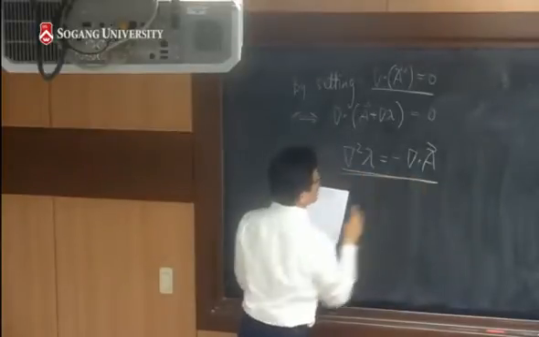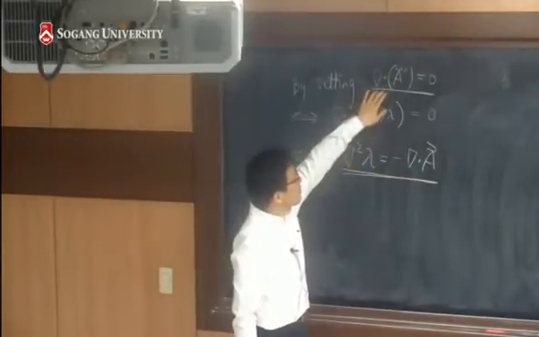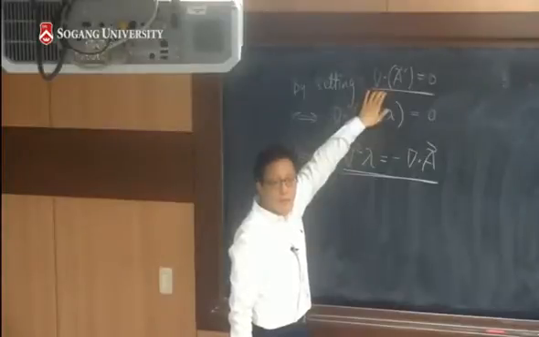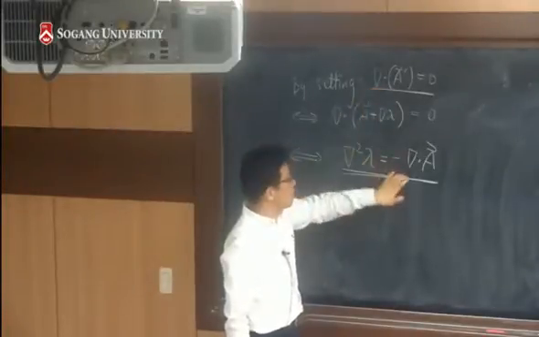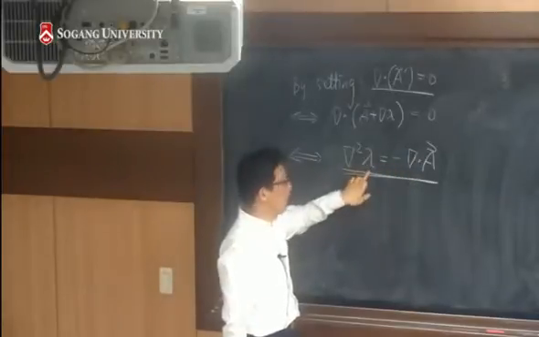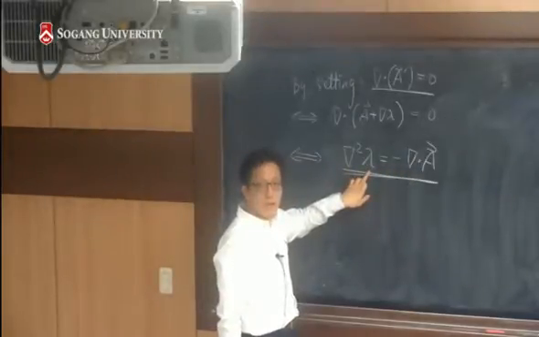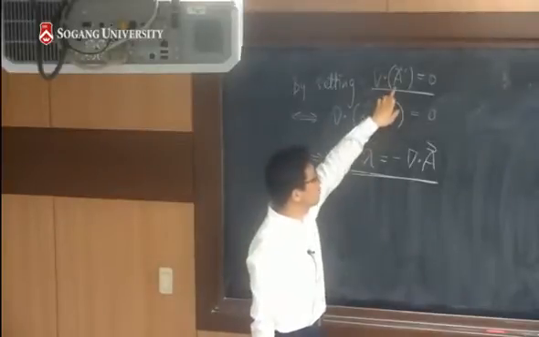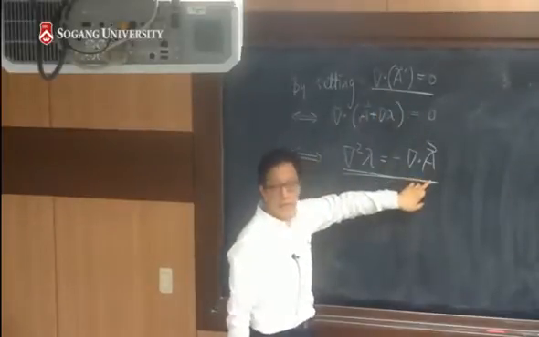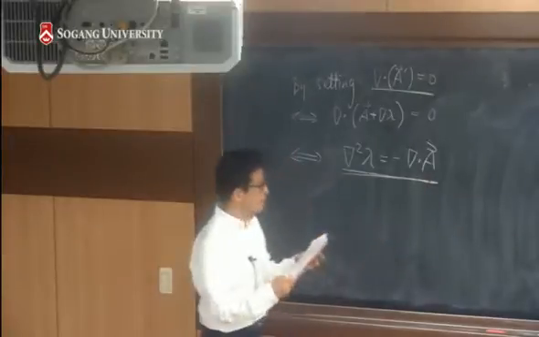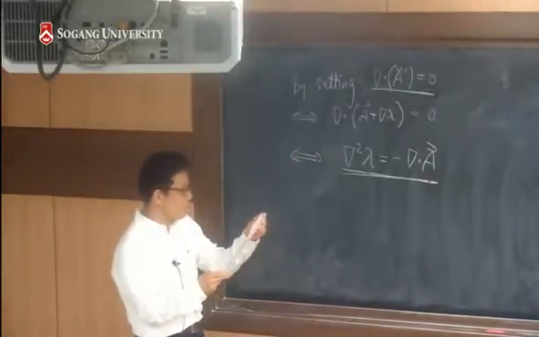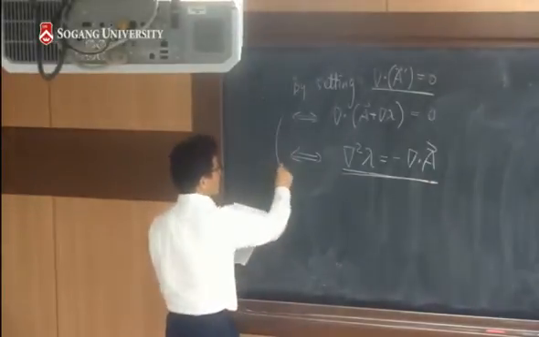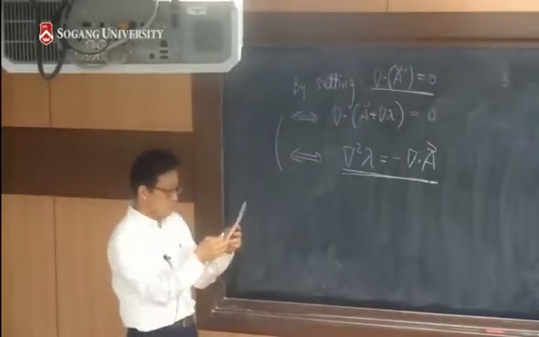So once you specify the vector potential in a given position, you can all the time find the gauge field by transforming A prime to A like this. That's the way you can specify the gauge field in a space.